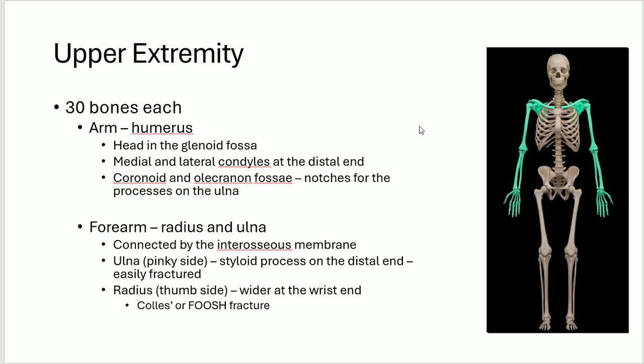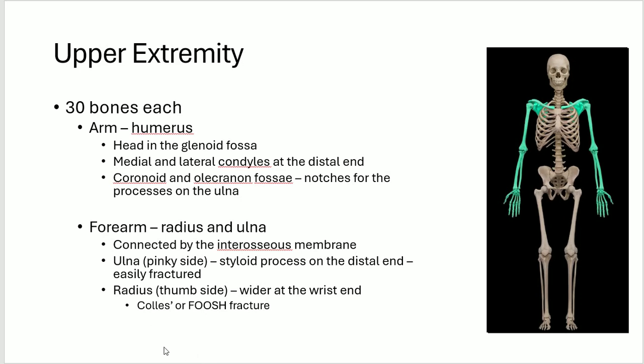Okay, so coronoid is on the front, olecranon is on the back, and these are fossa, so they are notches for the processes of the ulna. Ulna is the pinky side of the forearm. Radius is the thumb side.